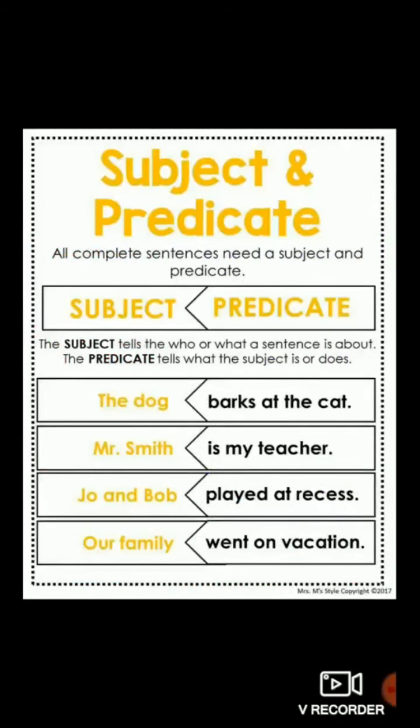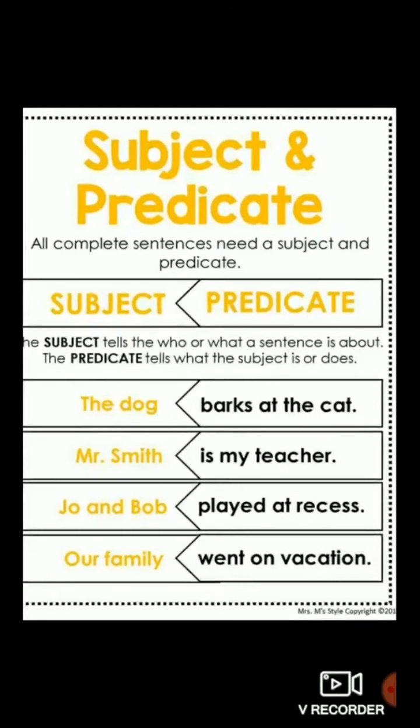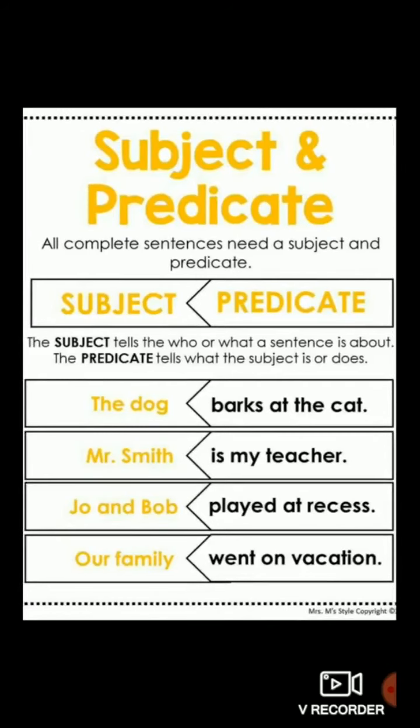Here are a few examples of subject and predicate. It's written here: the subject tells who or what a sentence is about, and the predicate tells what the subject is or does. The dog barks at the cat. So, dear students, the dog is the naming part, so it's the subject, whereas barks at the cat is the predicate.